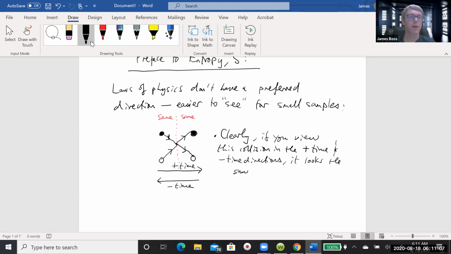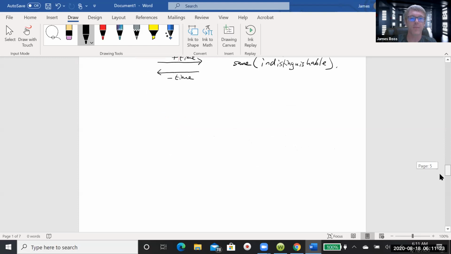It looks the same, and in fact, it doesn't just look the same, it's actually indistinguishable. Okay. So hopefully everyone's on board with that, not a hard sell.